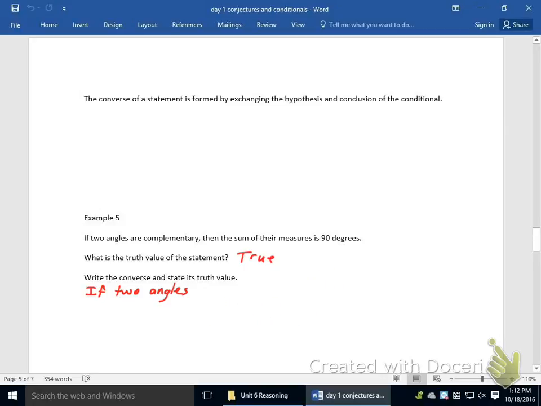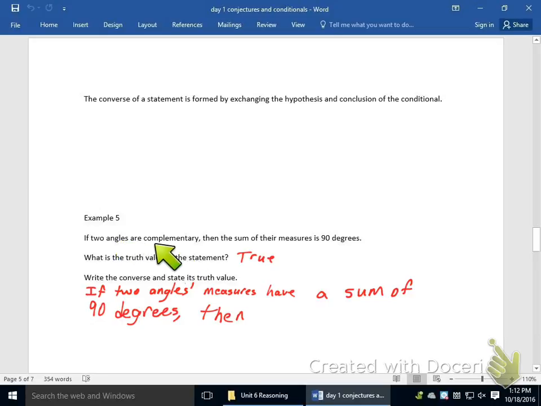If two angles' measures have a sum of 90 degrees, then now my hypothesis becomes my conclusion.